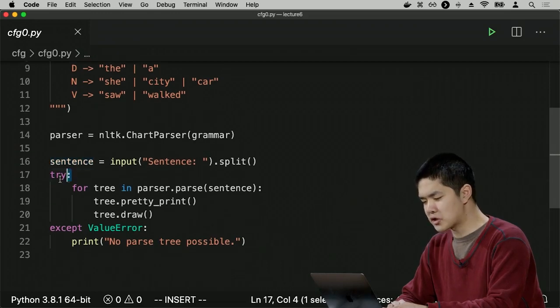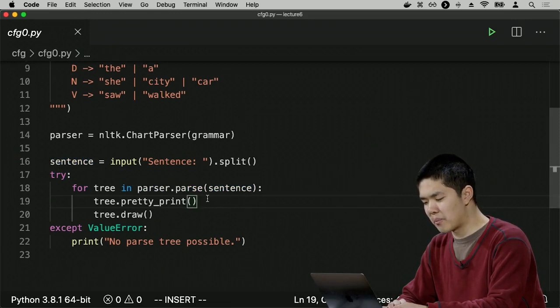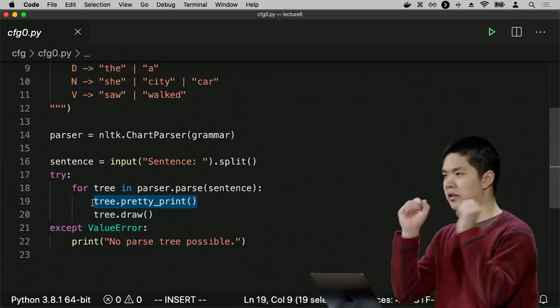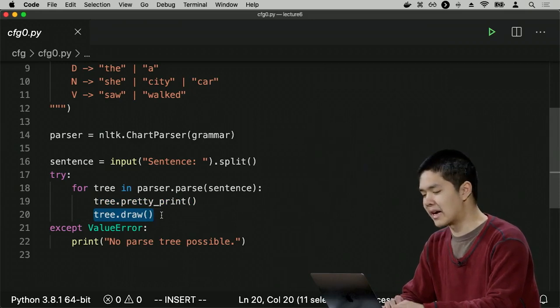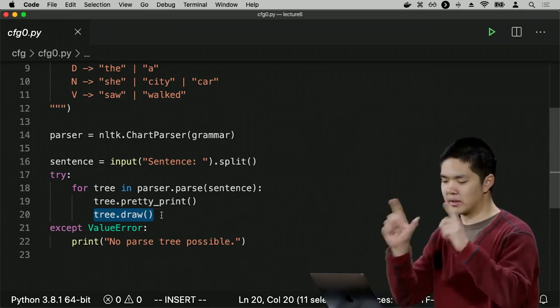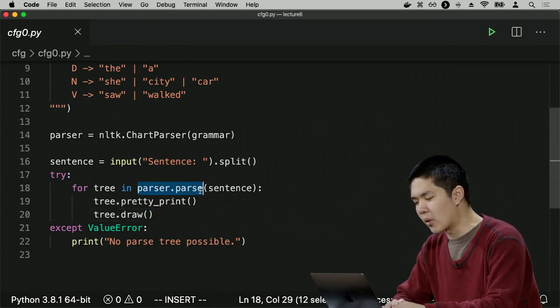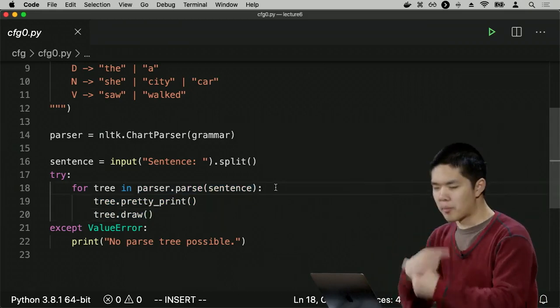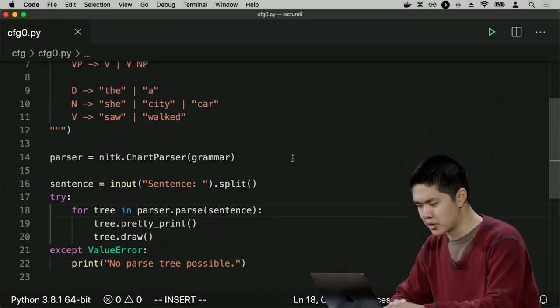And then we'll go ahead and try to parse the sentence. And for each sentence we parse, we're going to pretty print it to the screen just so it displays in my terminal. And we're also going to draw it. It turns out that NLTK has some graphics capacity, so we can really visually see what that tree looks like as well. And there are multiple different ways a sentence might be parsed, which is why we're putting it inside of this for loop. And we'll see why that can be helpful in a moment too.